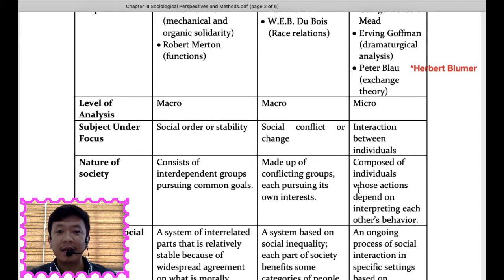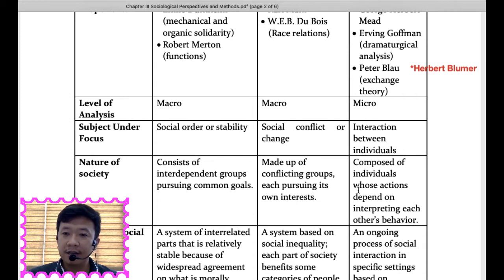Ang pinaka-popular na quotation that we know about Marx is, sabi ni Marx, philosophers have interpreted the world in various ways. The point, however, is to change it. So talagang social change yung kanya pinupunto.